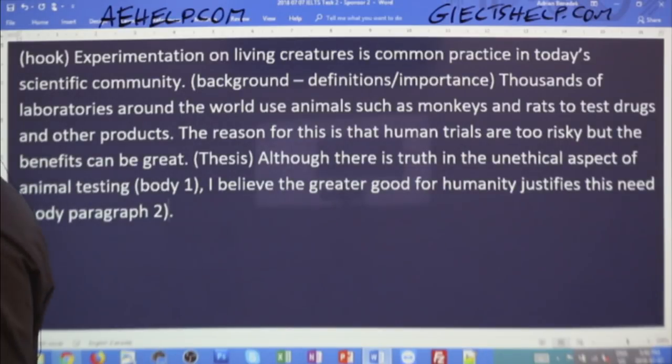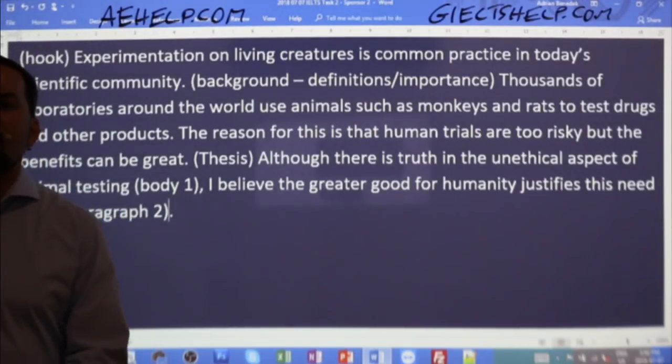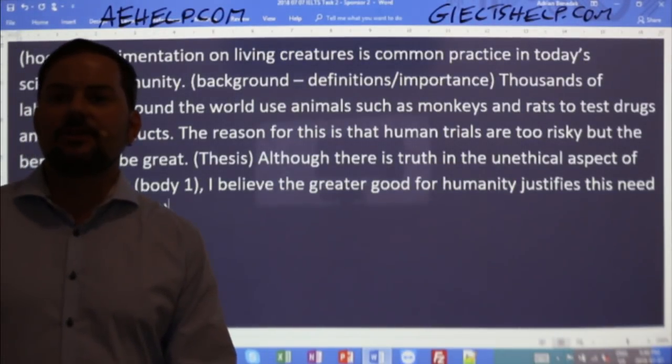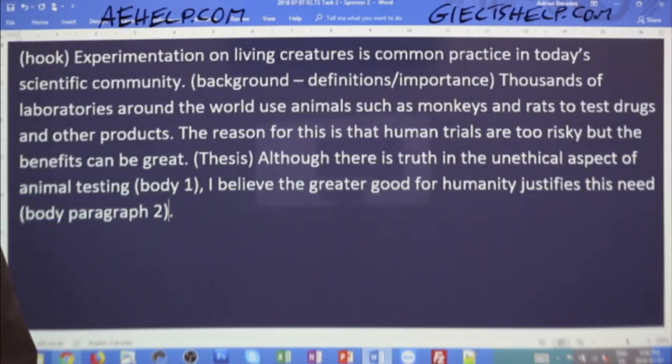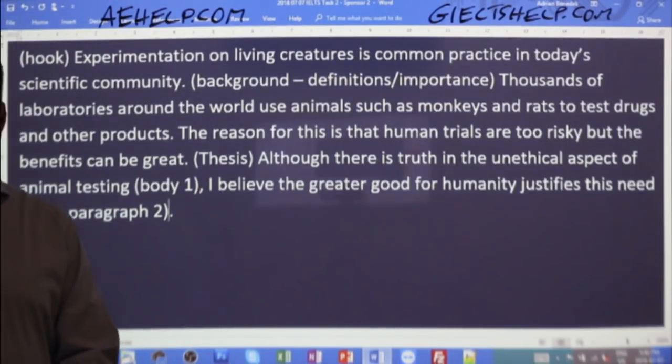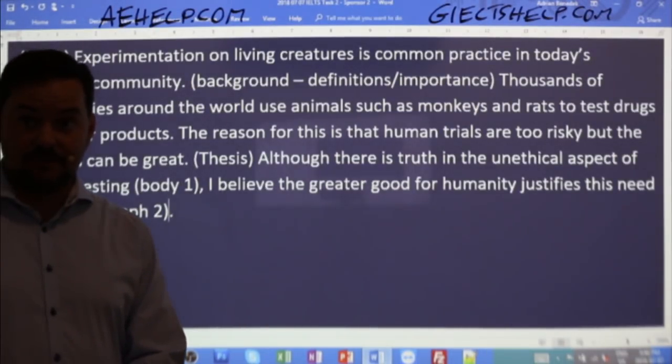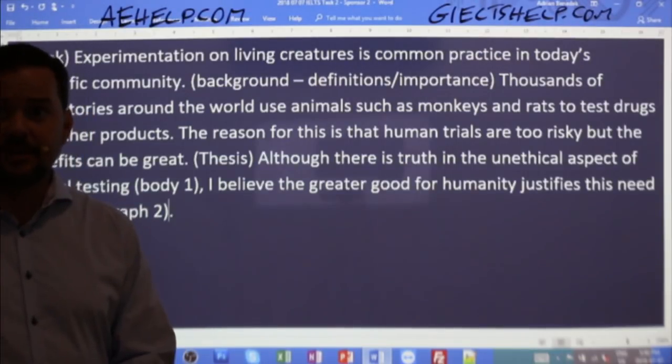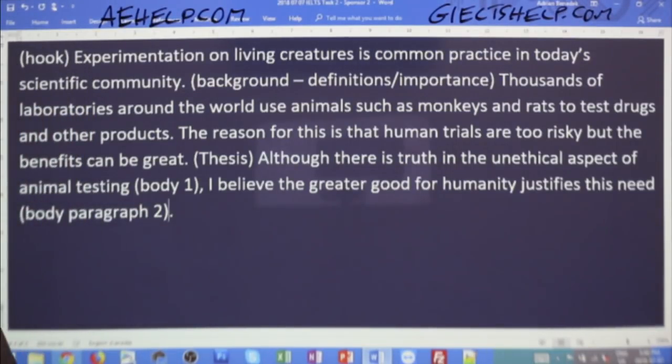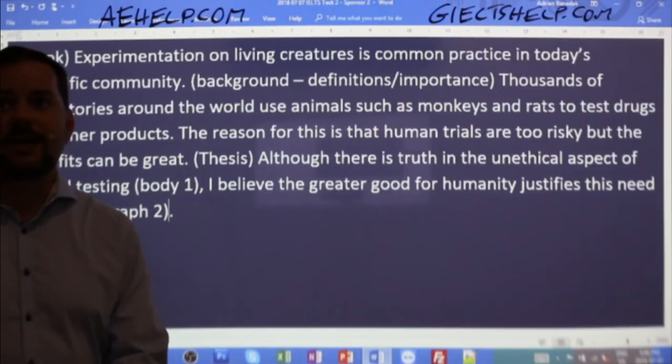Of course, you don't need to write these. This is just for your notes. Manisha, you say, however, it is obvious that it is unethical to allow animals to suffer. I believe that animal testing ensures safety for mankind and produces results. Okay? Just watch those corrections, Manisha.